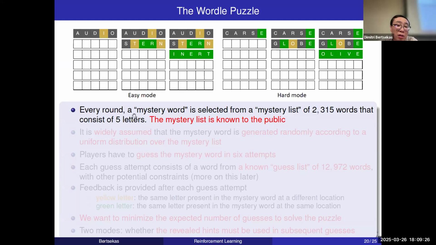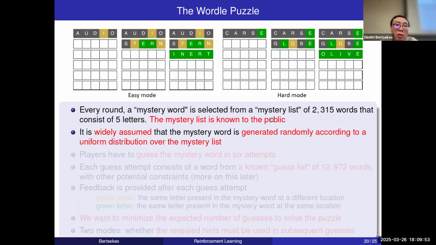Every day there is a mystery word selected from a mystery list composed of 2,315 words. Each one of them consists of 5 letters. Of the roughly 3,000 words, 2,000 words are known to the public.